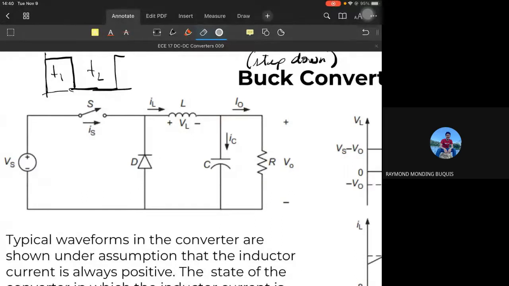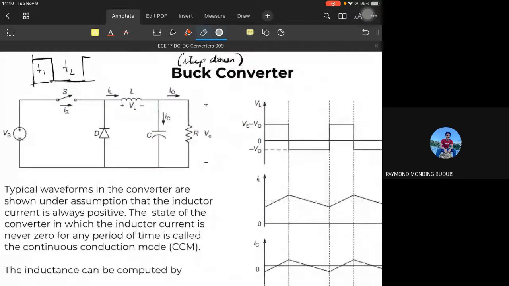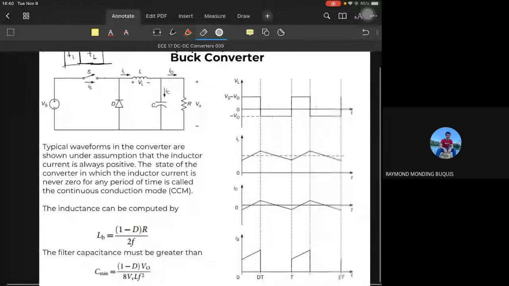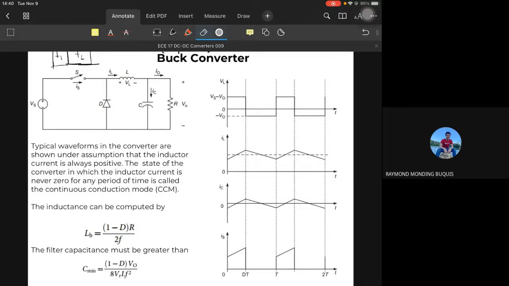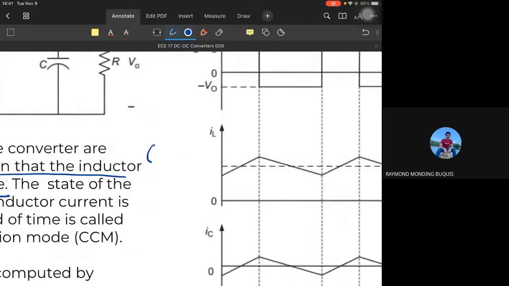Simple to keep track. So typical waveforms in the converter are shown again under the assumption that the inductor current is always positive. When the switch is off, the diode will turn on.